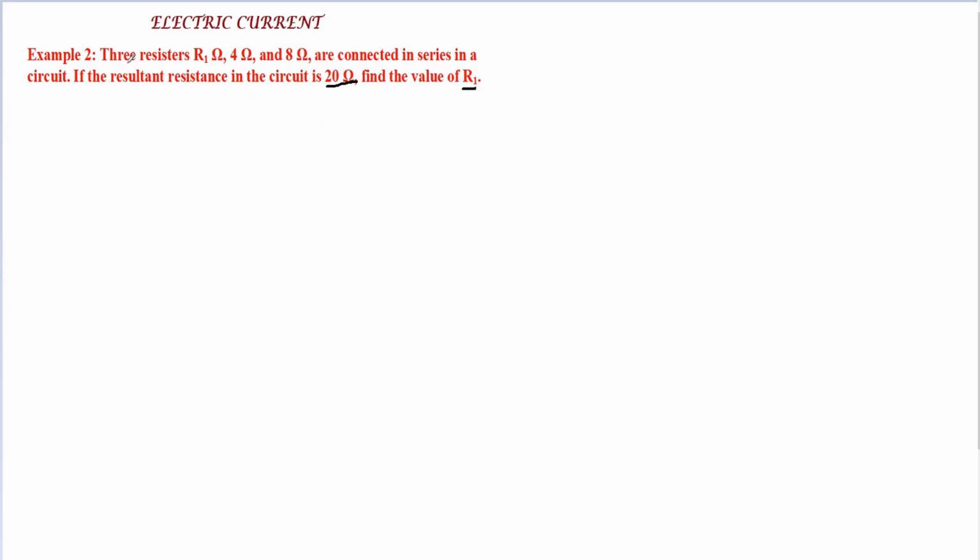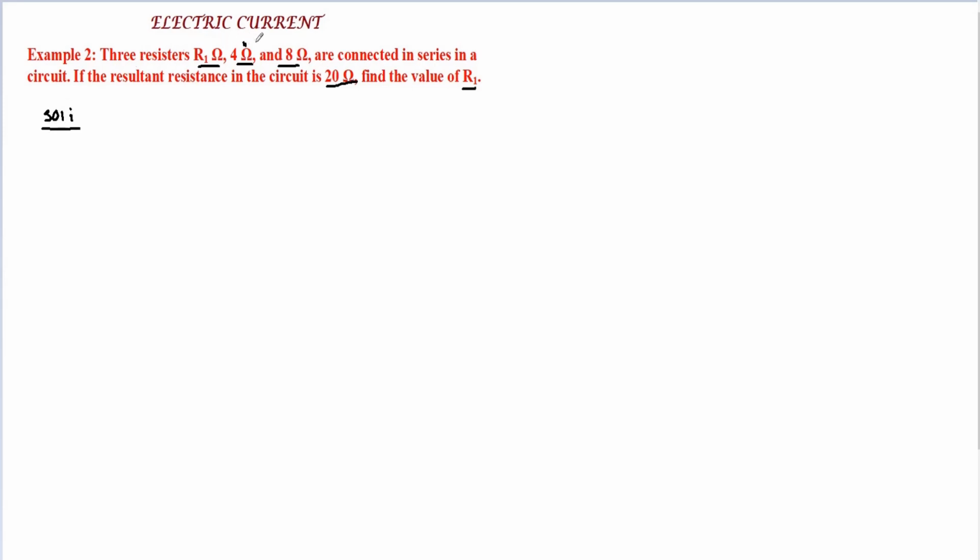So here what is given? Three resistors' resistance is given. First one is R1 ohm and next 4 ohm and 8 ohm, and the resultant resistance is 20 ohm. These are given and we have to find out the R1 value. Solution. First, R1 value is not given.